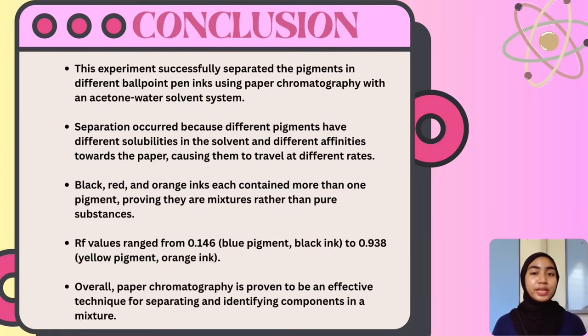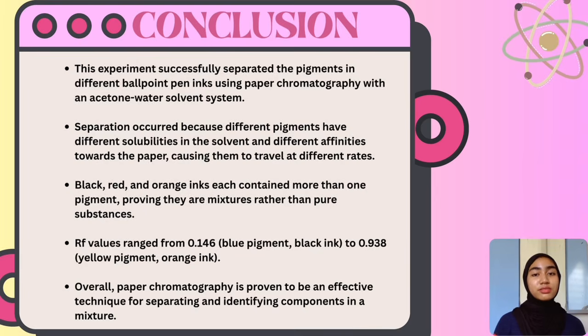So, to conclude, our experiment was a success. We successfully separated the pigments in different ballpoint pen inks using paper chromatography with an acetone water solvent system. This separation happened because different pigments have different solubility in the solvent and different affinities towards the paper.